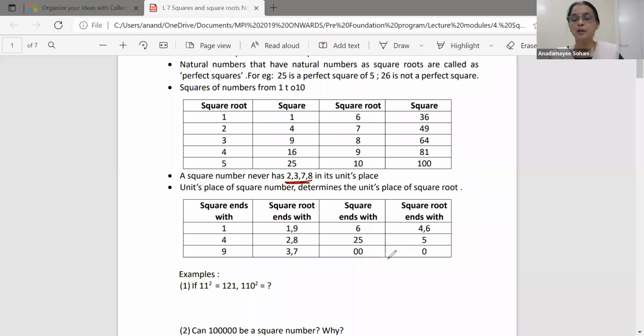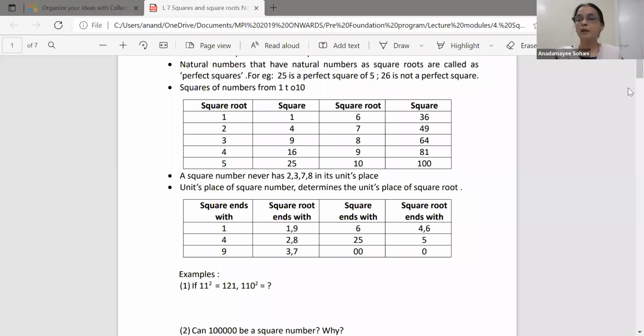So if someone is giving me a number ending with 8, I have to be sure it can never be a square number. If it is a square number, it can never end with 2 or 3 or 7 or 8, because there is no 2, 3, 7, 8 anywhere here. So that is also like a first hint to identify whether some number will be a square number or not.